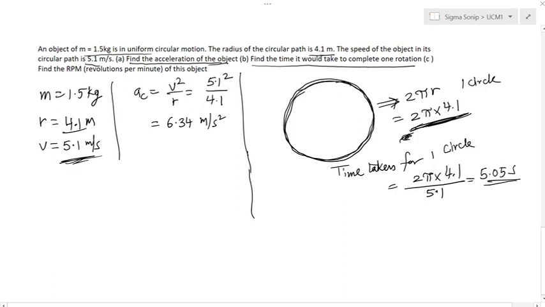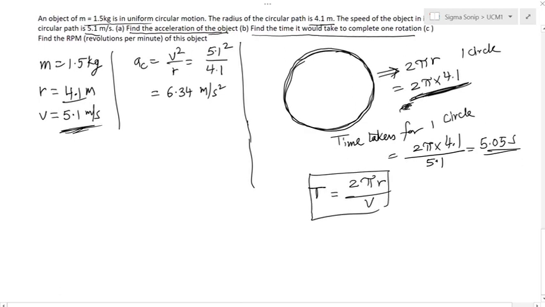In fact, if you are looking for a ready-made formula, this t is the time period basically, which means time for one rotation, is equal to 2 pi r over v. So sometimes this formula can be used.